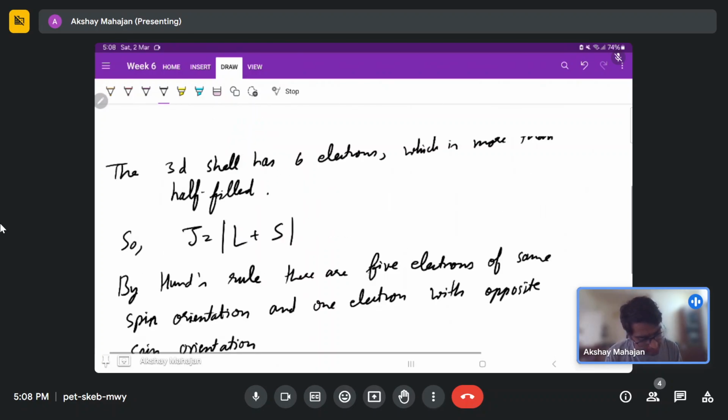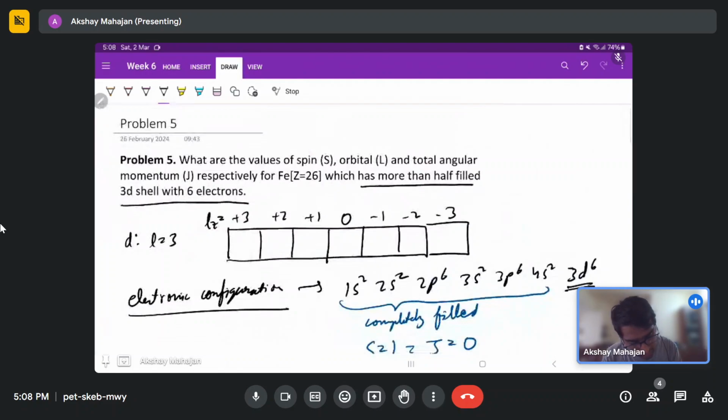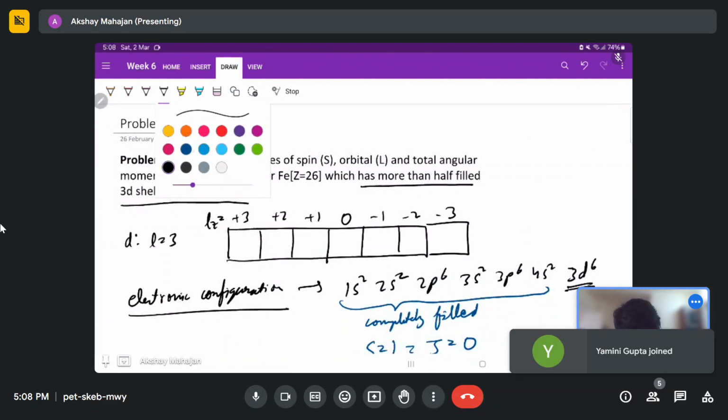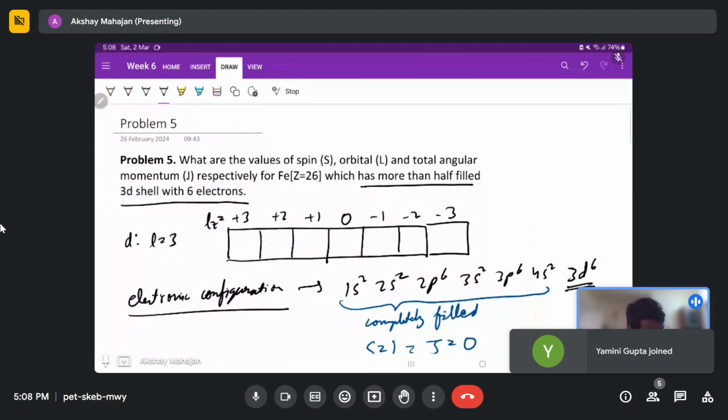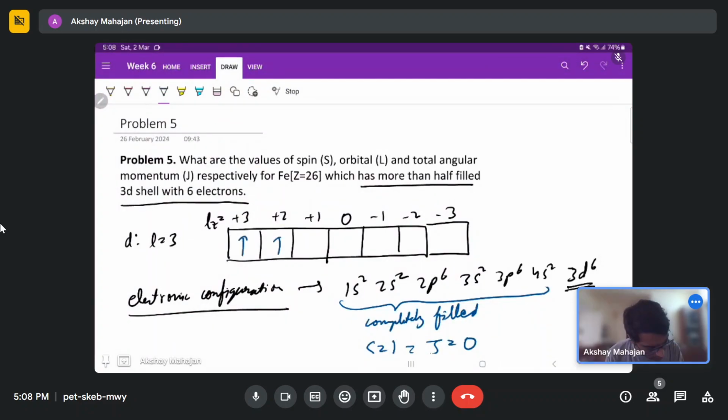So basically now we have to fill it according to Hund's rule. I will start with filling the spin up electrons. So first we will fill up the spin up electrons.